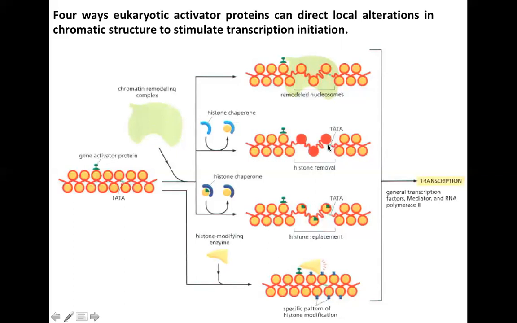When the RNA polymerase 2 binds here, it carries with itself these code reader and writer complexes. So what are these reader writer complexes? These are basically histone modifying enzymes. So when the RNA polymerase binds here, only a small region like here is basically modified.